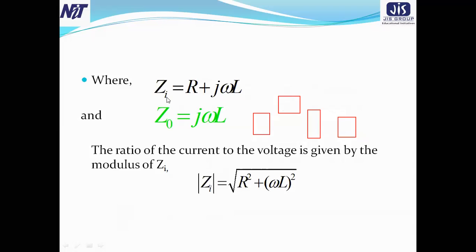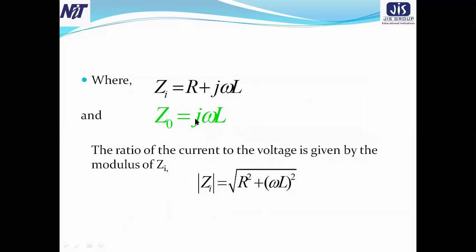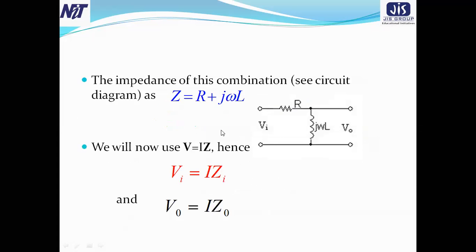Where Zi, what is Zi? In the last slide, we already talked about this: Zi equals R plus j omega L, and Z0 equals j omega L. So the Z0 value is nothing but j omega L.